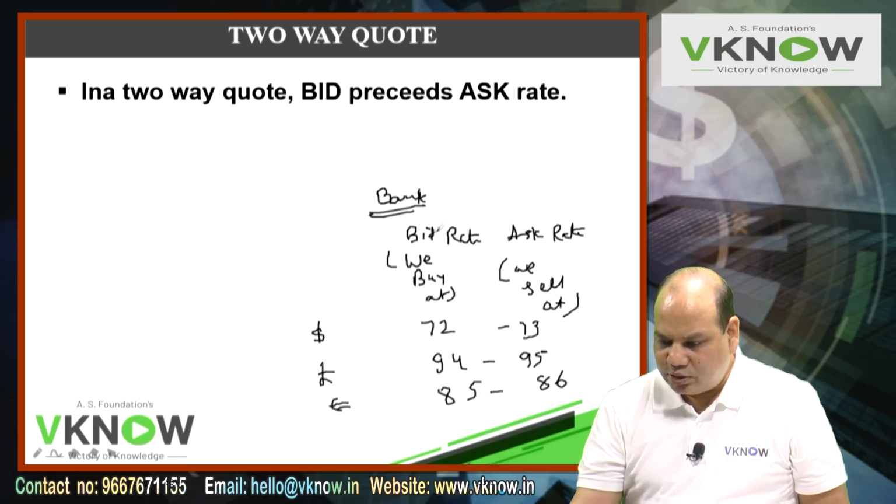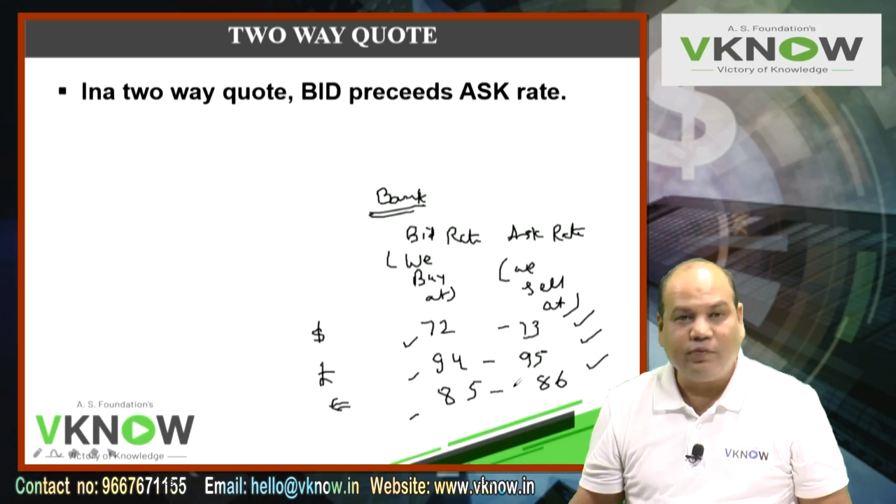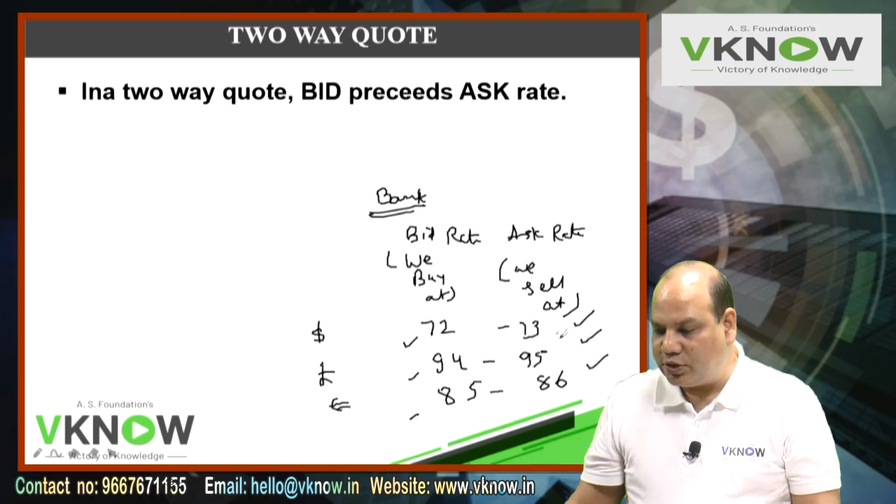Which means they will buy foreign currency from you at these rates. But in case if you want to convert your rupees into foreign currency, then they will sell you foreign currency at higher rate. The difference is the profit margin of the bank or the dealer.